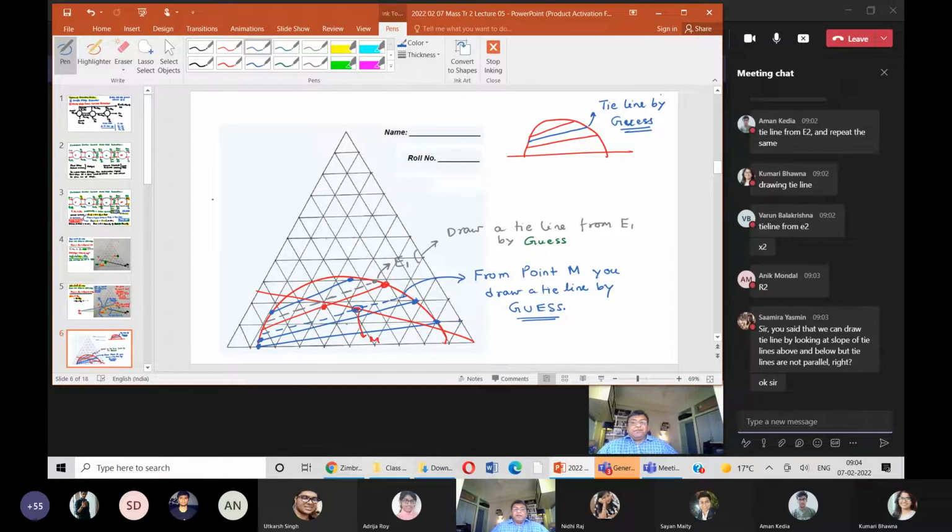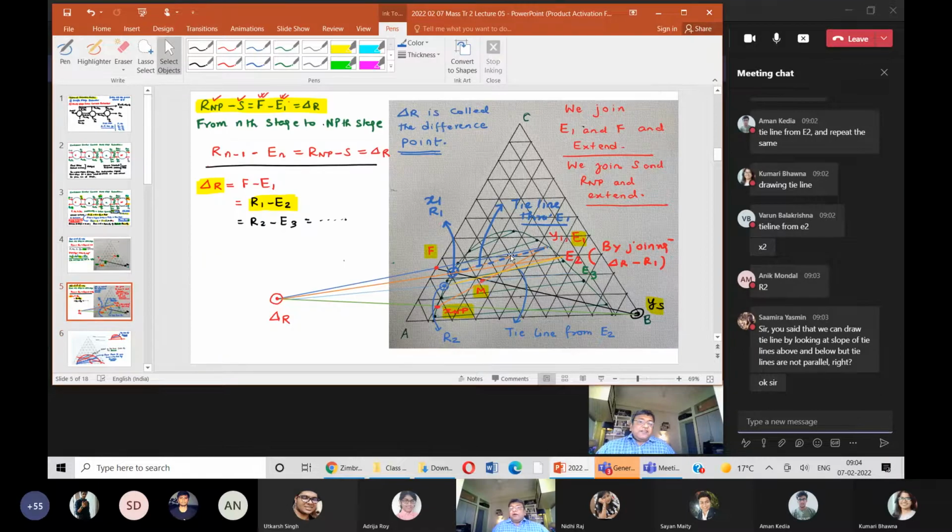Samira, clear? Okay. So this is the way to go about, and each of these lines you join from delta R are what? Third stage. So you keep on repeating it till for some point the other extremity of the tie line goes below XNP.